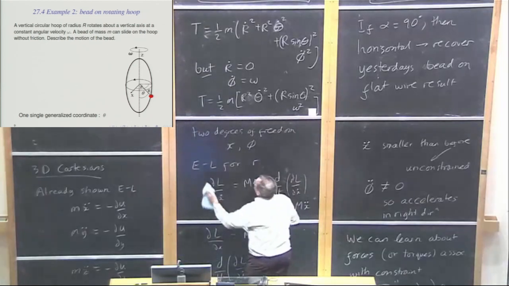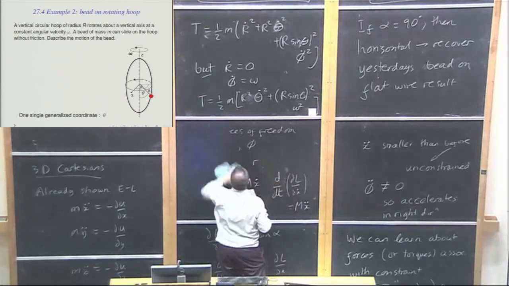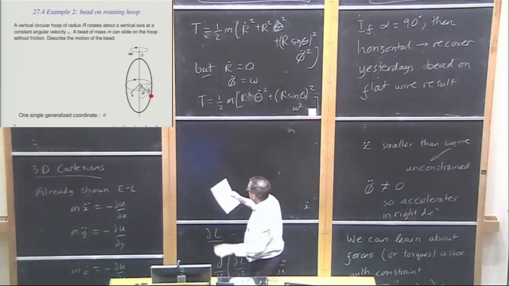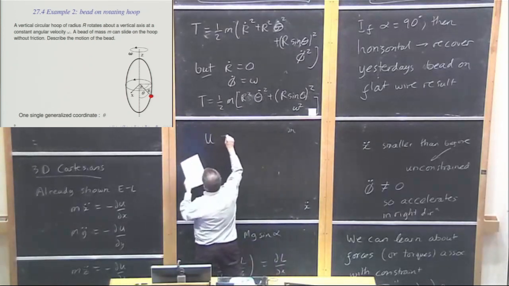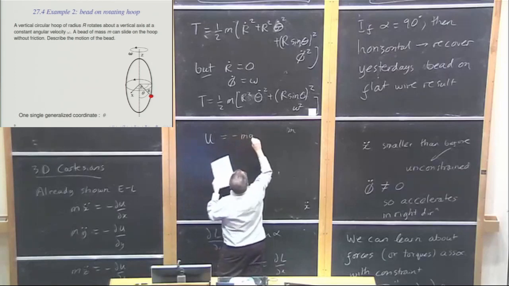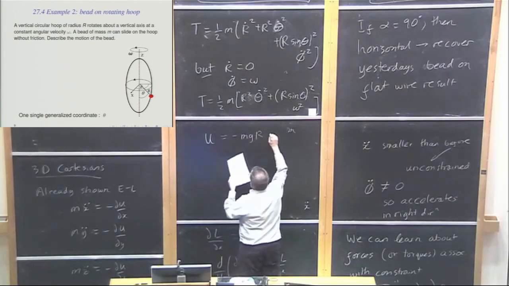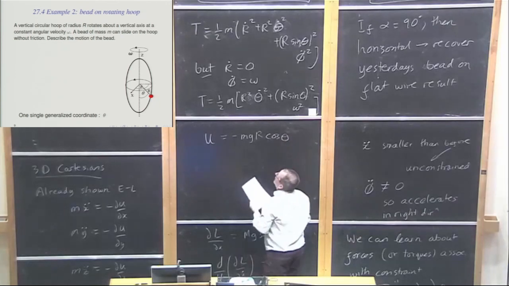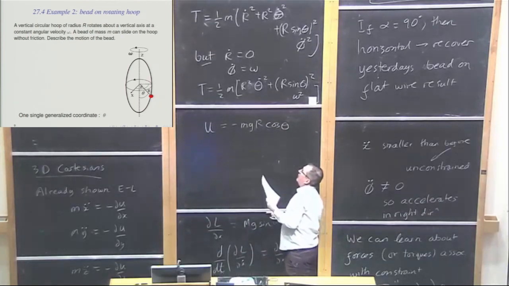We need the potential energy. That's, I think, just the same, not really any different from before. So U is minus m g r cosine theta. Again, we are at liberty to define the origin of this wherever we want.